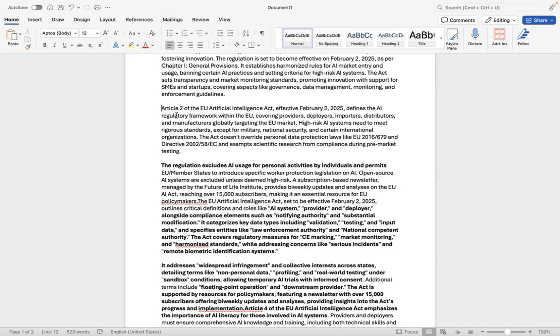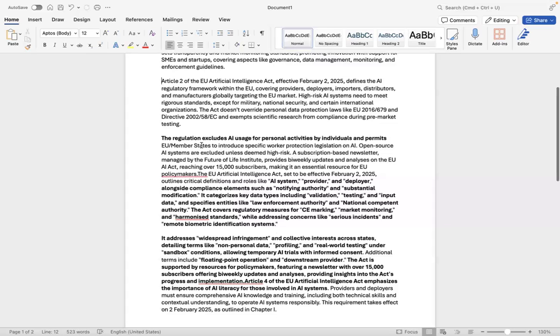High-risk AI systems need to meet rigorous standards, except for military, national security, and certain international organizations. The Act does not override personal data protection laws like EU Directive 2002/58/EC, and exempts scientific research from compliance during pre-market testing, which is what actually Article 2 talks about.